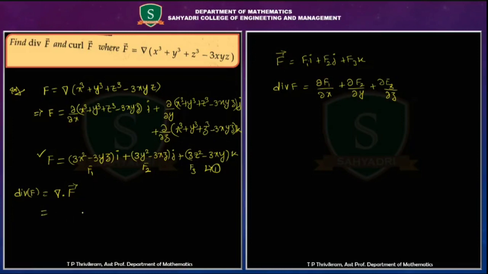So finally you can write dou by dou x of the first function, 3x square minus 3yz. The i won't come in between because we are doing a dot product.